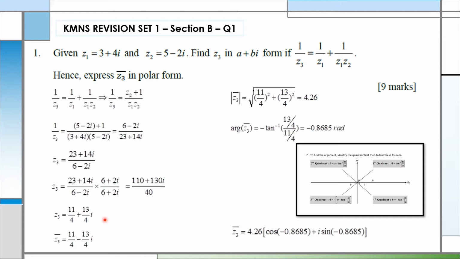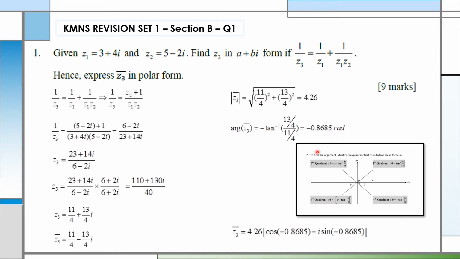Since we have Z3 already, we can find its conjugate. But the question asks you to express Z3 bar in polar form, meaning that we have to find its modulus and also its argument. So the modulus here is 4.26 and the argument is negative 0.8685 radian.